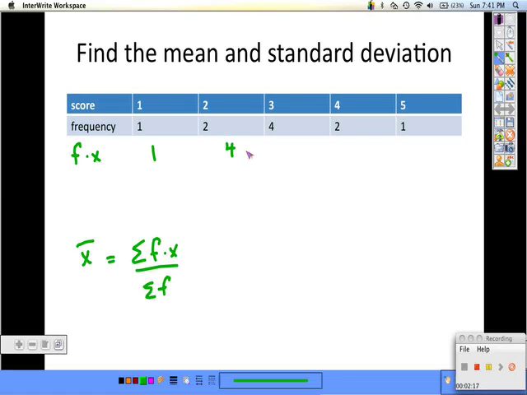So 1, 4, 12, 8, and 5. And now we can plug in to this formula the sum of the f times x's. That's going to be 30. The sum of the frequencies is 10. So x bar, our mean, is 3.